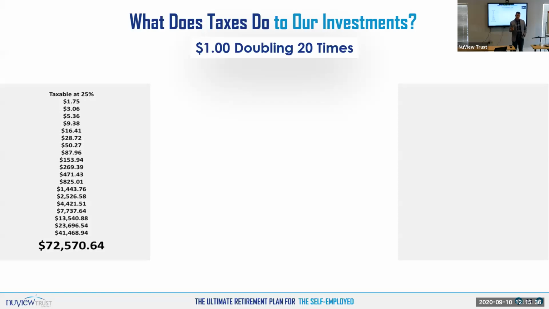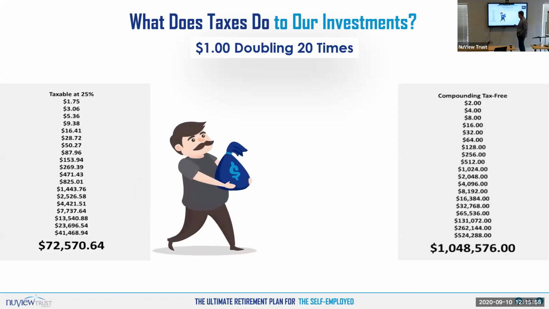But just know that there's another table, probably at a nicer restaurant, where somebody is sitting around telling the same story of how they took the same dollar, made the same investment, doubling for 20 years, but instead of having $72,000, they're going to end up with $1,048,000.